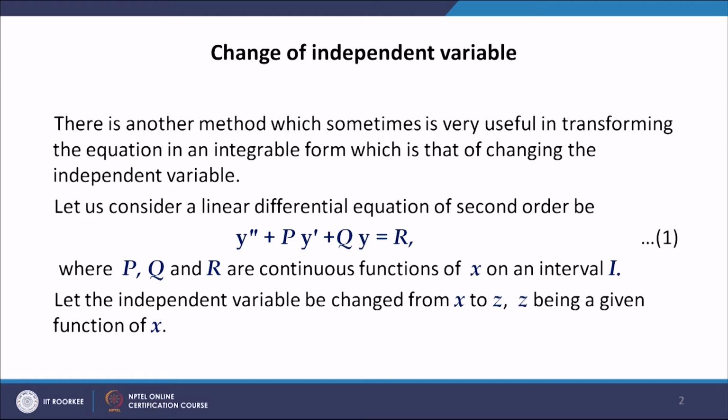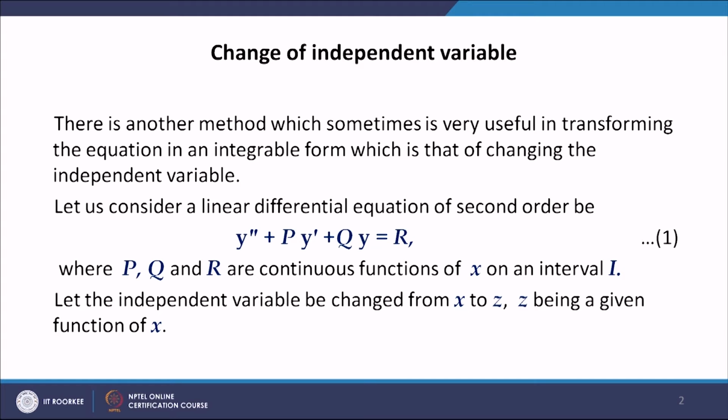So let us consider a linear differential equation of second order, that is y'' + p y' + q y = r, where p, q, r are continuous functions of x on some interval I. As I said, we will be changing the independent variable from x to z.